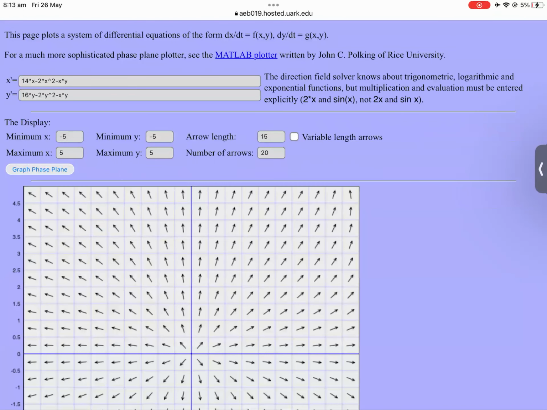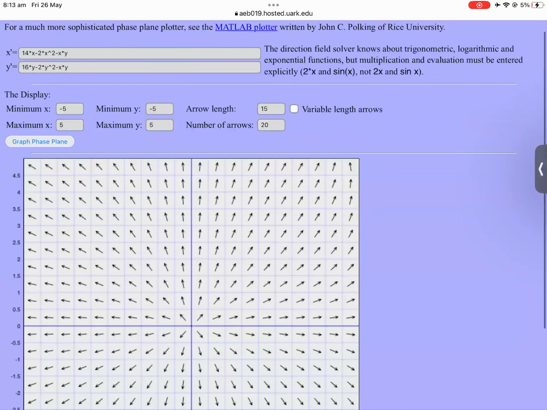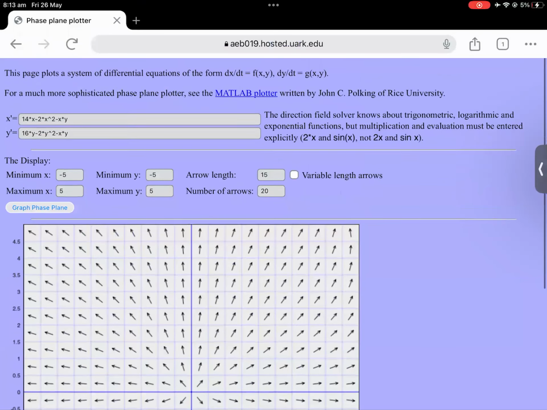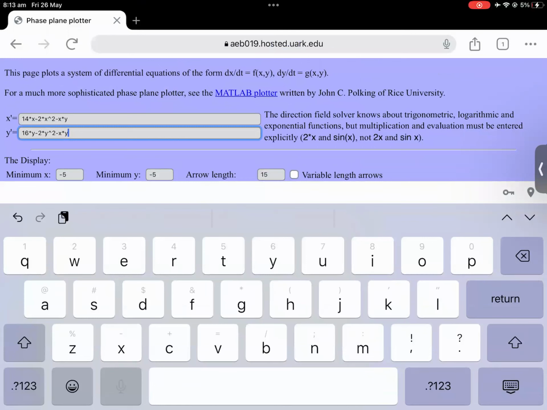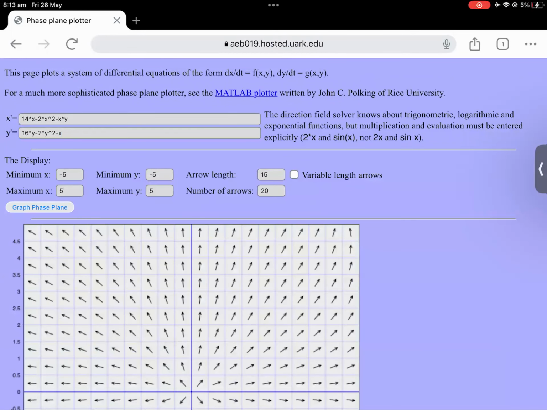Can we graph this? What is this? If I change, let's try without y at the end to make sure that it's changing.